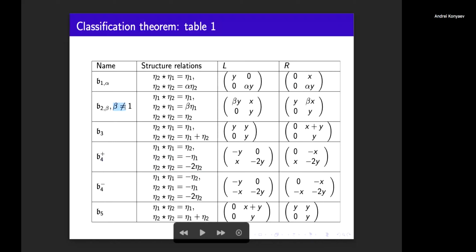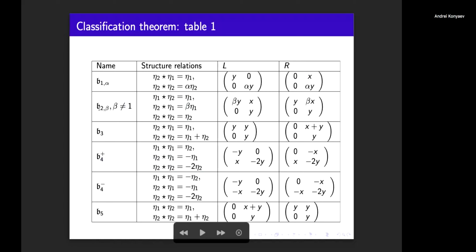See, this is B not equal to 1, because if you put B equals 1 here, it still is a Nijenhuis operator. But if you look at this multiplication table for B equals 1, the operation star becomes commutative.